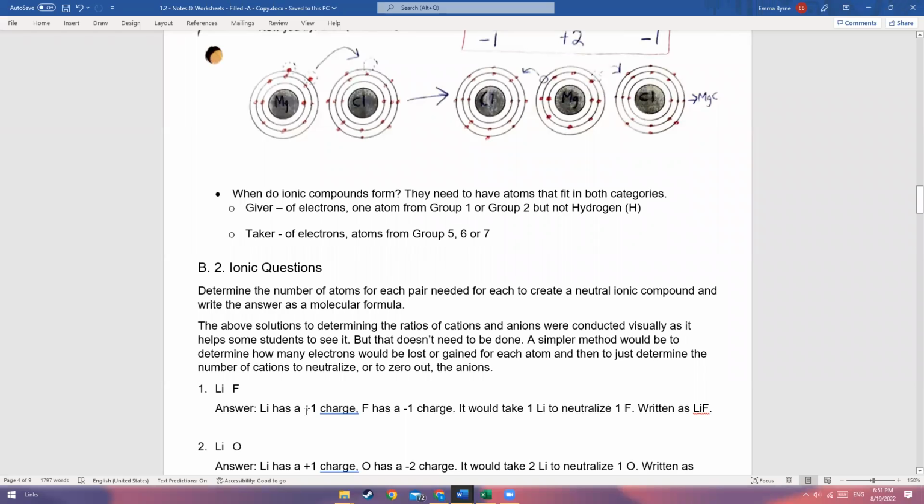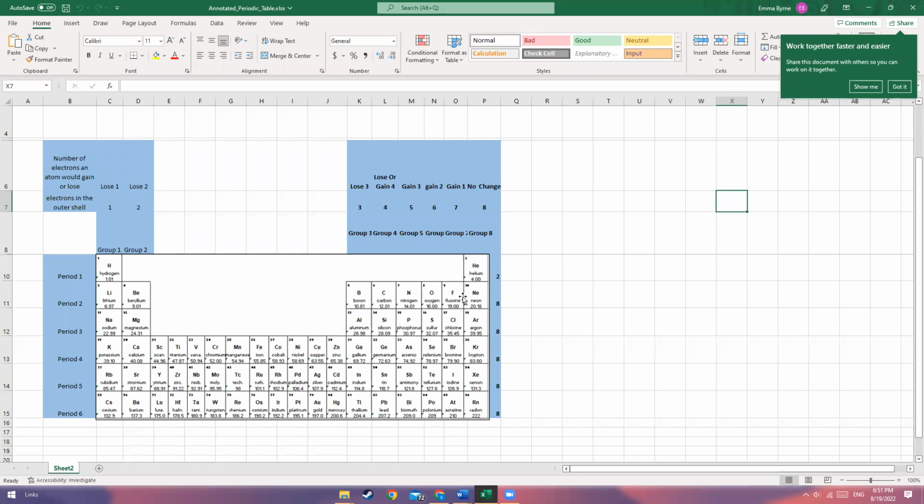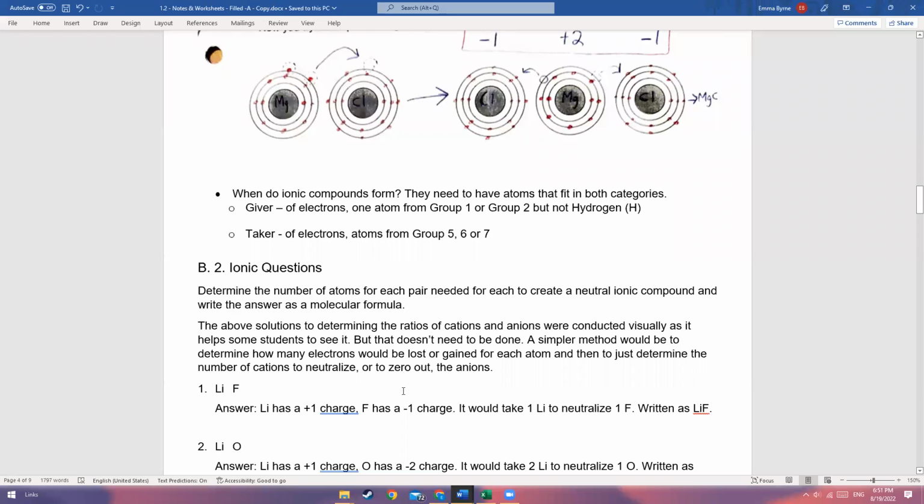We automatically know without drawing the valence shell that it has a +1 charge. On the other hand, fluorine, we know it's going to gain 1 electron based on this chart. It needs 1 more electron to fill up the valence shell. Because of that, gaining an electron will create a charge of -1. So we know that it will take 1 lithium atom and 1 fluorine atom to form this neutral compound at the end.